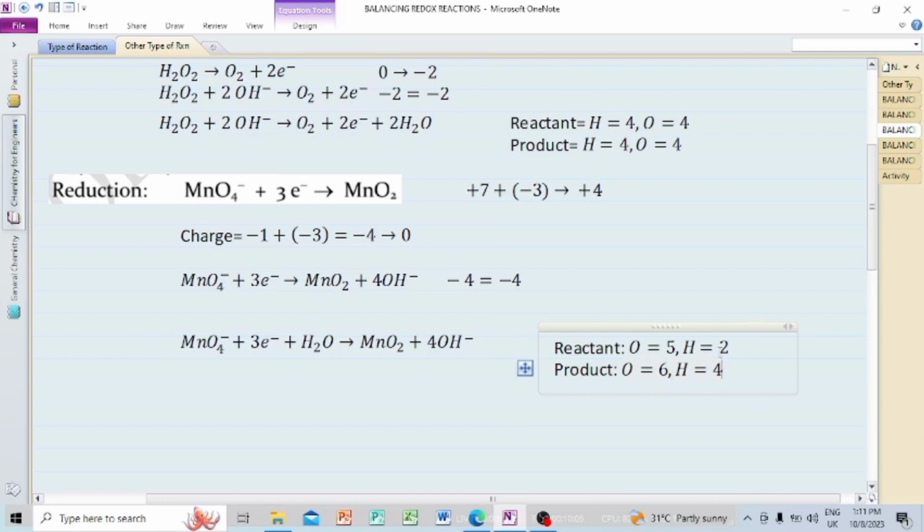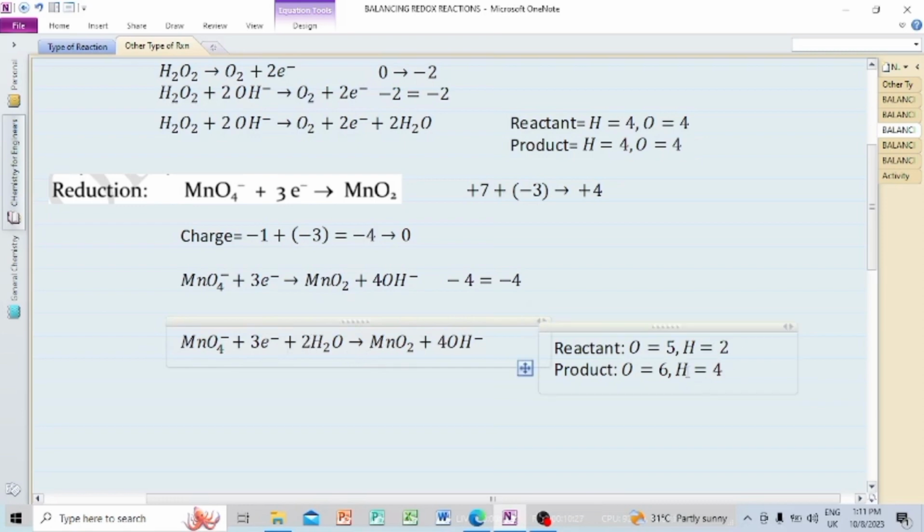Okay, so first let's balance the hydrogen. So, dun sa reactant side, we have 2 hydrogen atom, and on the product side, we have 4 hydrogen atom. So, we need to multiply 2 dun sa reactant side natin to balance the hydrogen.